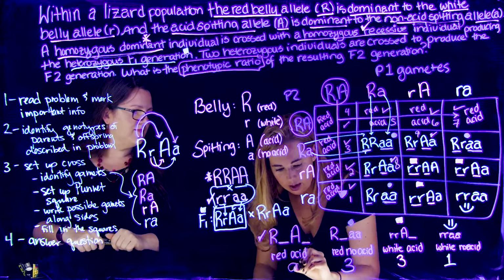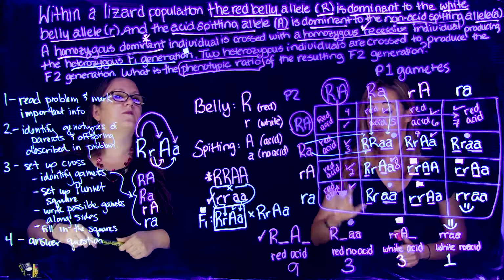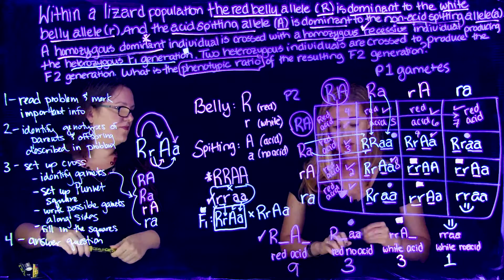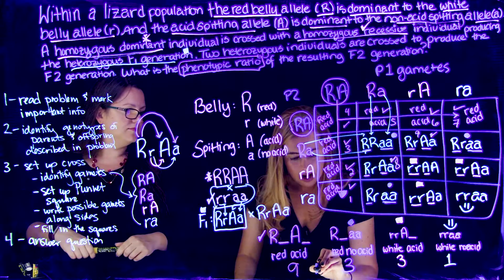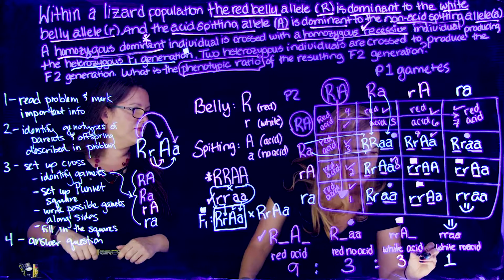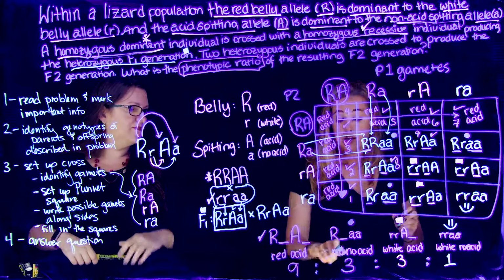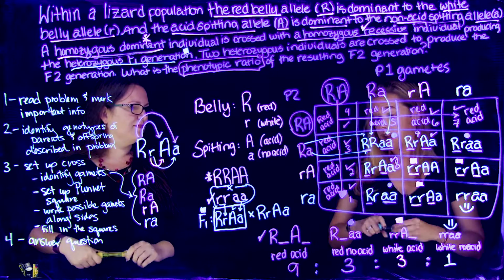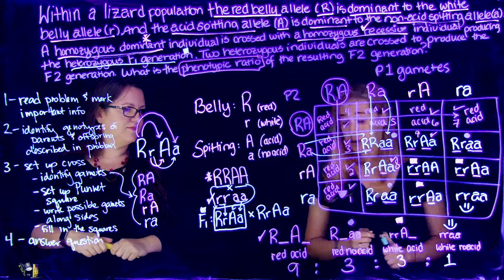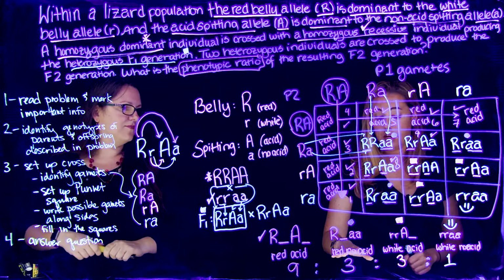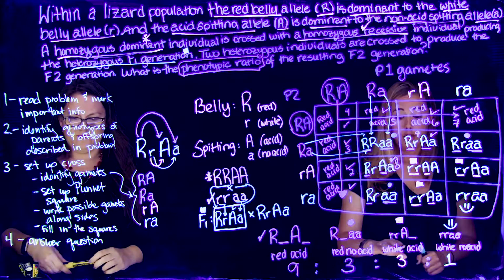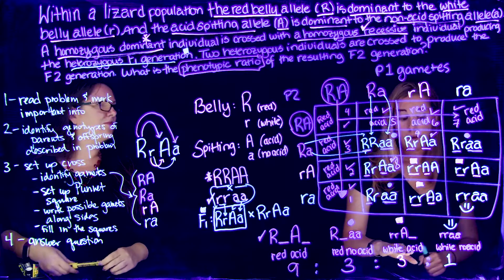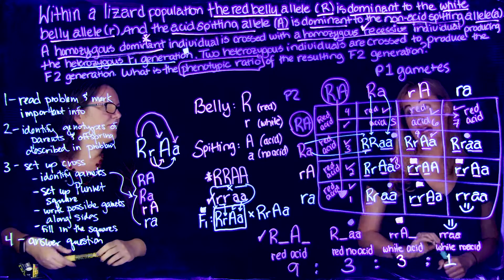And so when I look at my phenotypic ratio, what I'm seeing is a 9 to 3 to 3 to 1 ratio. So 9 red-bellied acid spitters, 3 red-bellied no acid spitters, 3 white-bellied acid spitters, and 1 white-bellied no acid spitter.